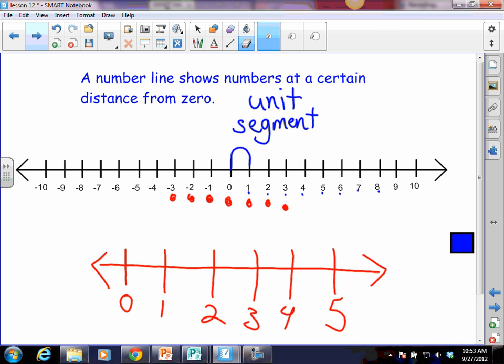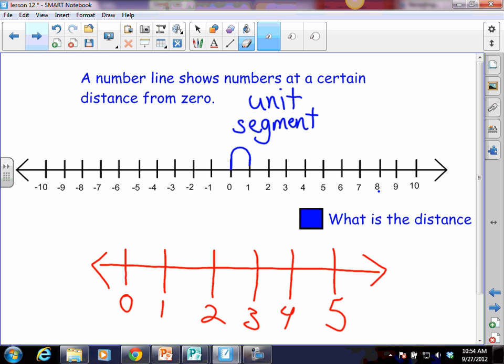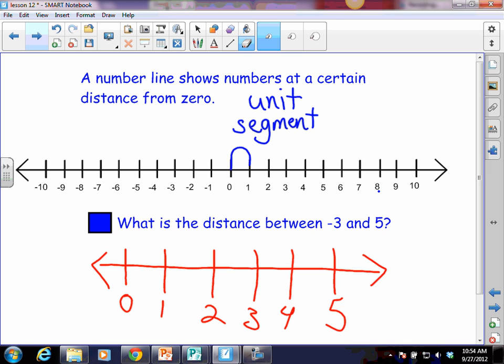Other things we can do with number lines, other than looking at numbered lists like we were doing right here, or drawing our own number line, is we can do some calculations and figure out some information about number lines. And so we can have a question like that, where it says, what is the distance between -3 and 5?